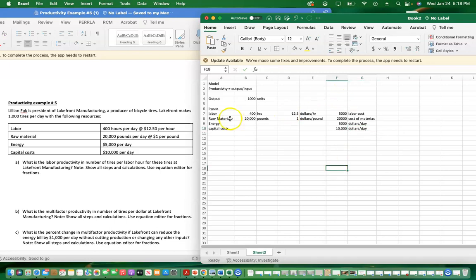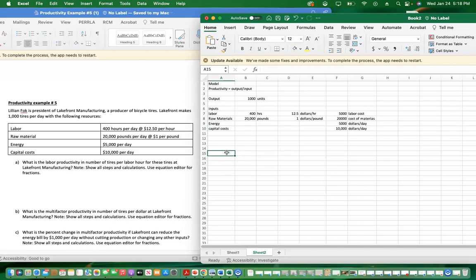So you can see that we have brought all of this into one measurement, and so we can actually use the multi-factor productivity formula to find productivity of the inputs. So now the first question here asks you to find labor productivity.